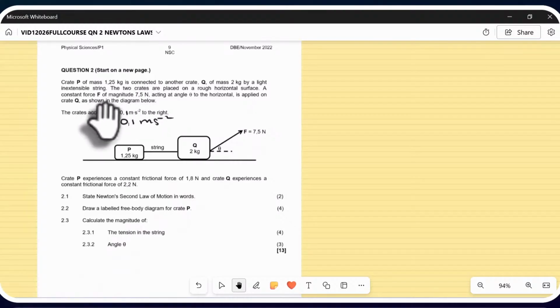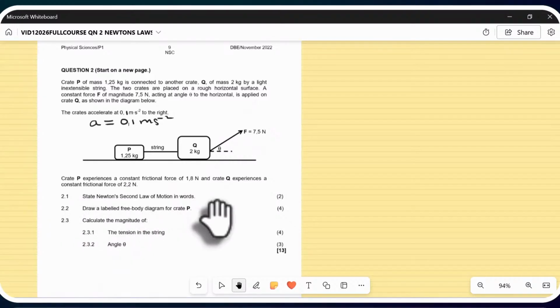A constant force F of magnitude 7,5 newtons acting at an angle theta to the horizontal is applied on crate Q as shown in the diagram below. The crates accelerate at 0,1 meters per second squared to the right. They say here that crate P experiences a constant frictional force of 1,8 newtons and crate Q experiences 2,2 newtons.